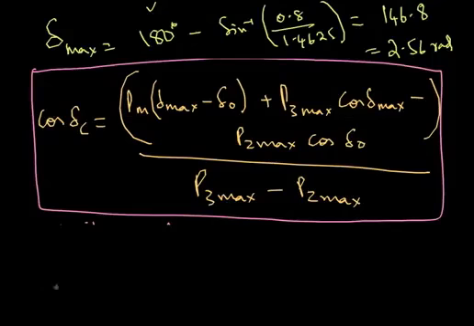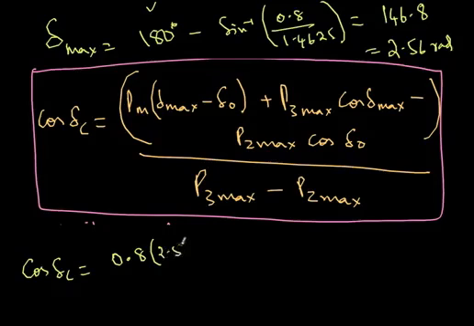So here is the formula. From this, I'll find out cos of delta C equal to, PM is 0.8 given in the question, and delta max, in radians it is 2.56 radians, minus delta naught. Delta naught also I have to give in radians, so that is 0.46, plus P3 max we just calculated, that is 1.4625, then cos of delta max.